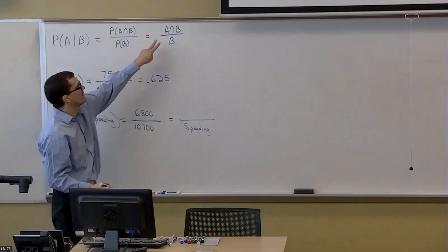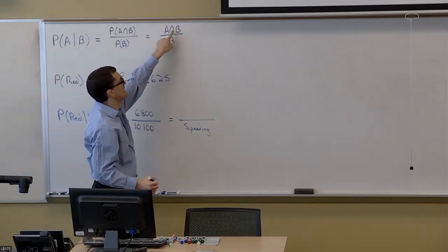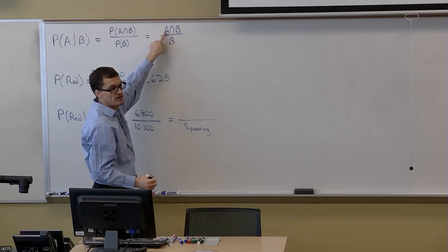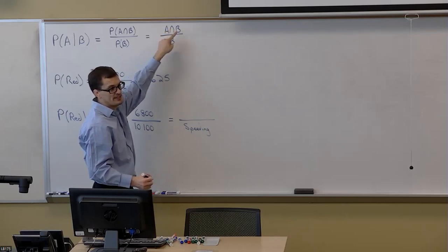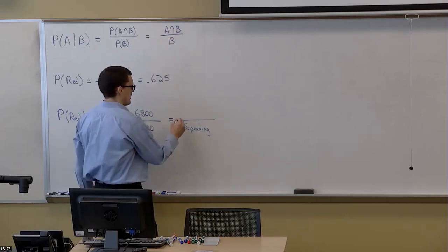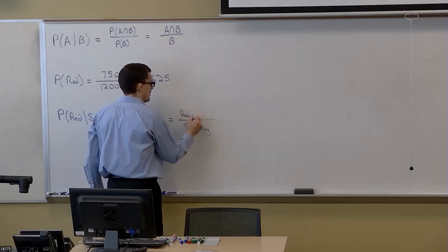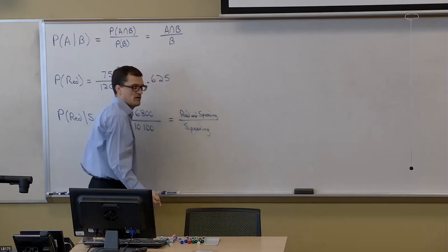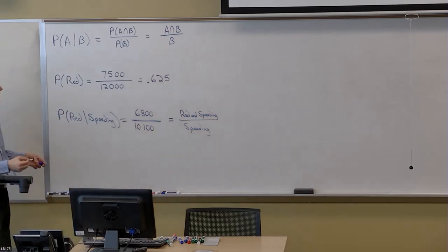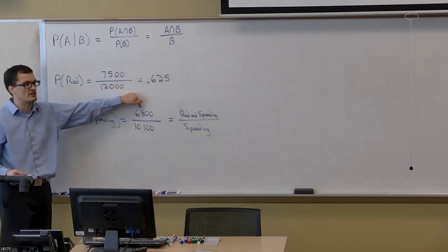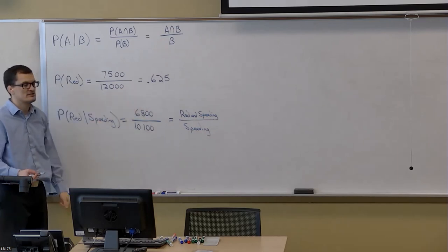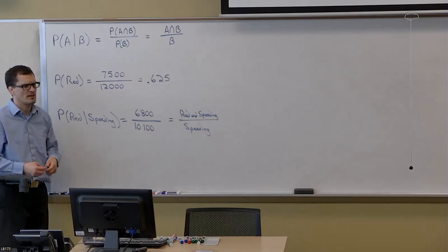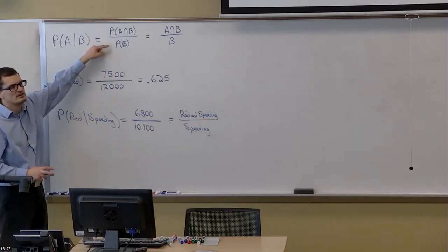And in the numerator, it was those who were speeding and red, because we had to pick the red cars that were in the speeding group. All right? So the red cars who were also speeding, that was the 6,800 out of the speeding group. Does that make sense? Where this rule's coming from?